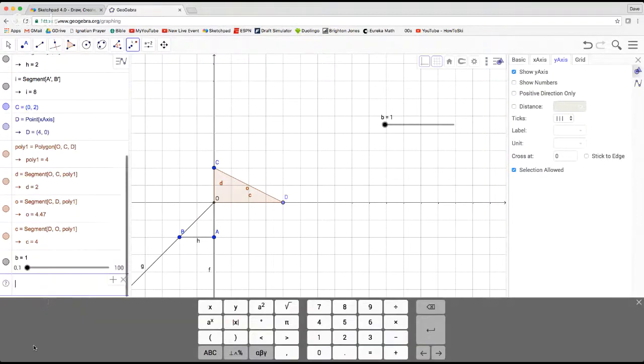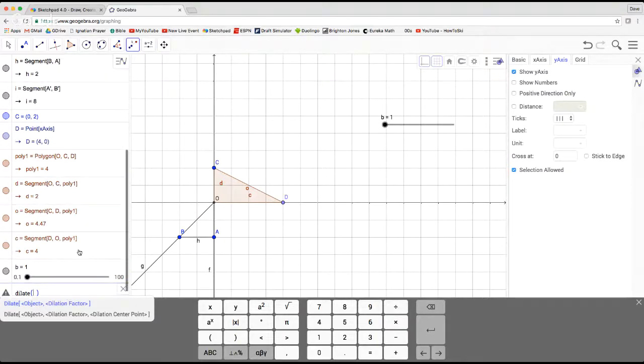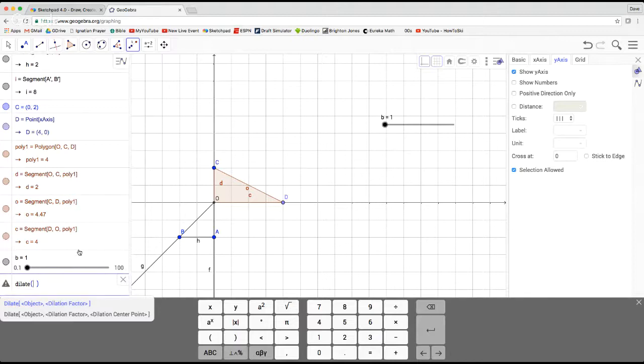Oh, well, let's just do it like this. Let's say dilate triangle poly 1, comma B, comma about 0.0.